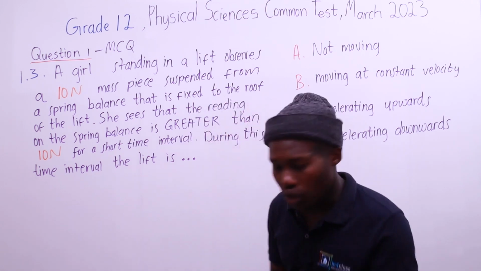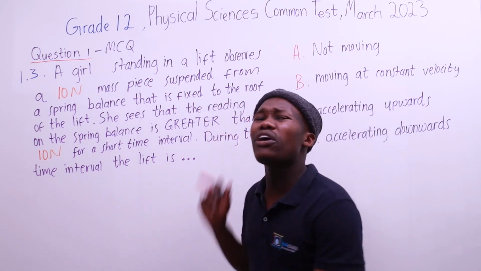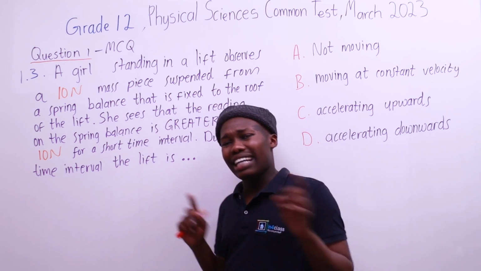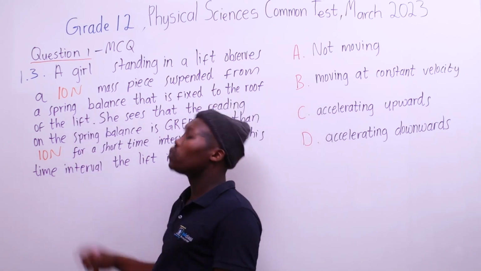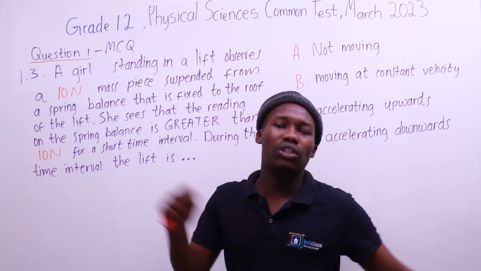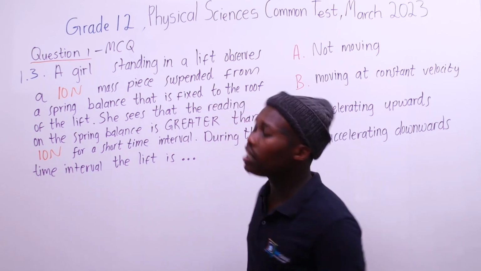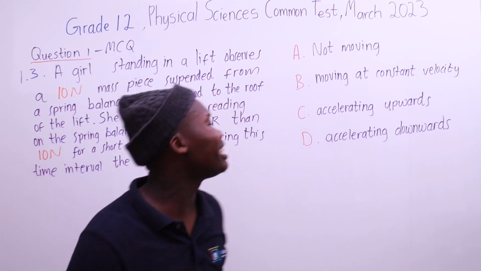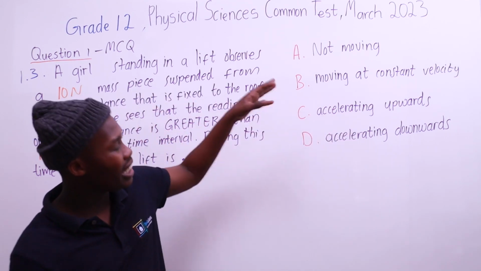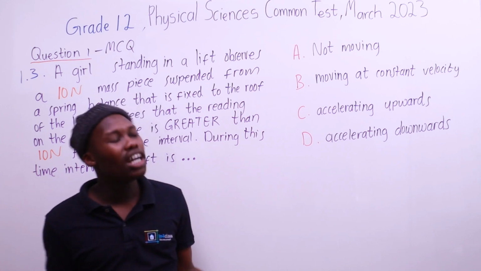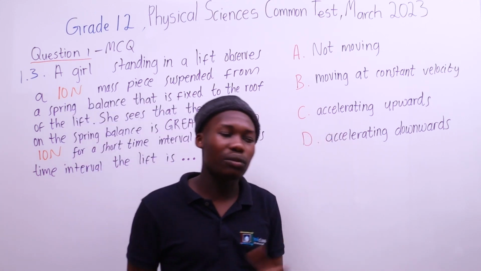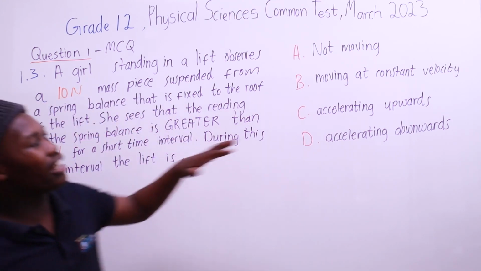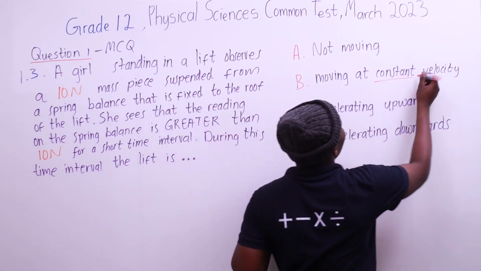They are asking what the lift was doing at that time. Was it moving at constant velocity, or stationary, or moving upwards with acceleration, or going down with an acceleration downwards? Was the speed increasing? Was the speed decreasing? Was the lift moving upwards? Was the lift moving downwards? Was it at constant velocity? Remember, constant means it does not change.